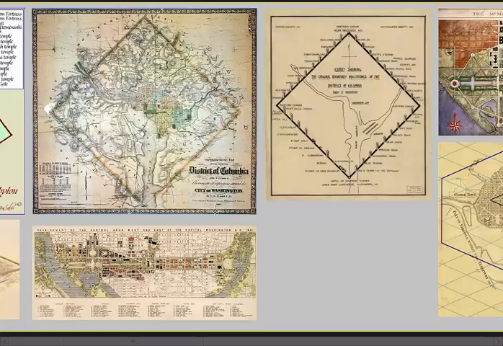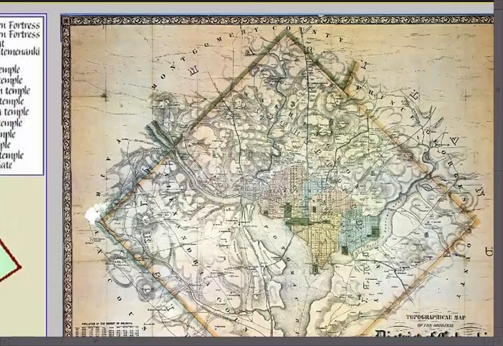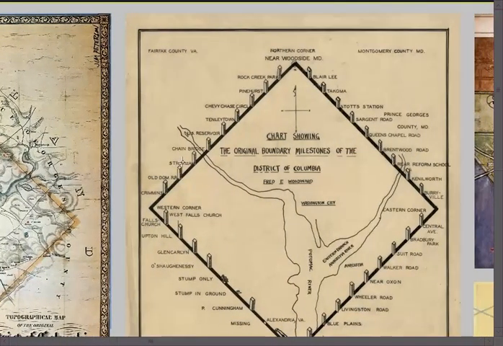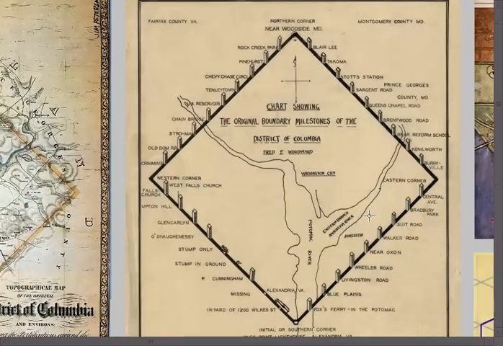Anyway, so here is actually a sort of a comical depiction, I think, of this square, where it actually has boundary markers showing the limitations of the original District of Columbia. And it actually tells you where they are.